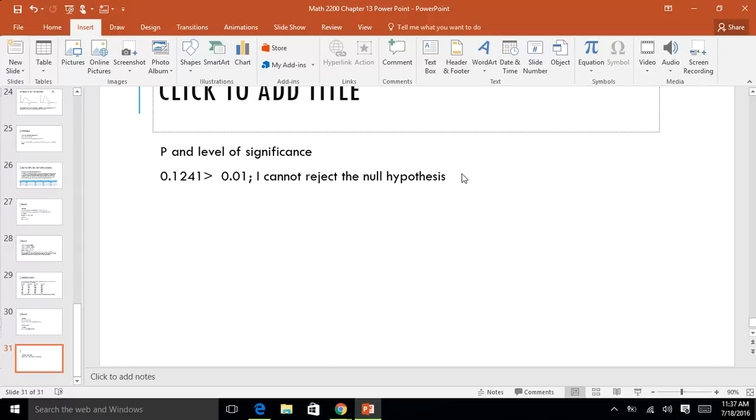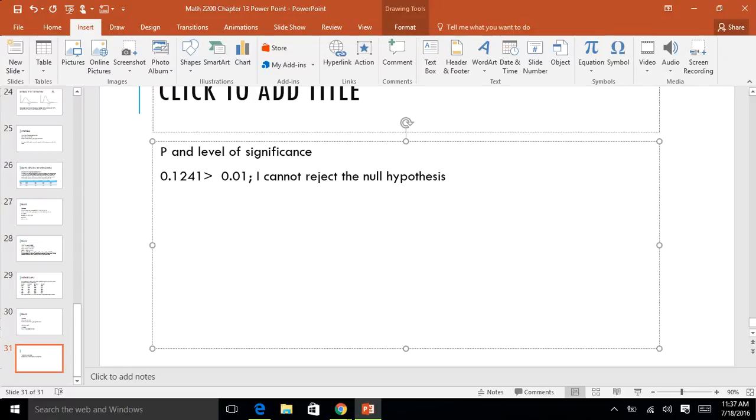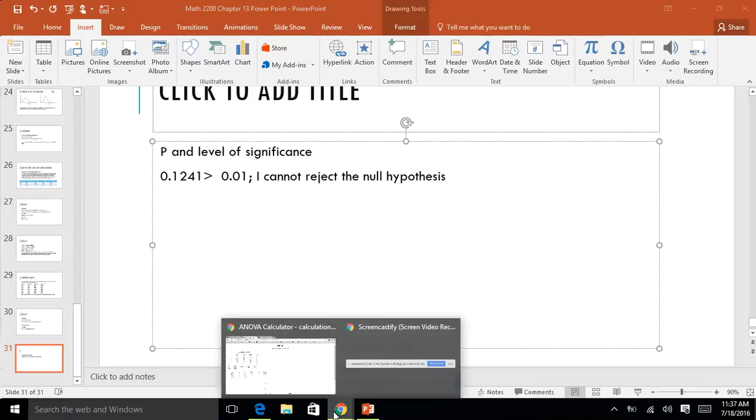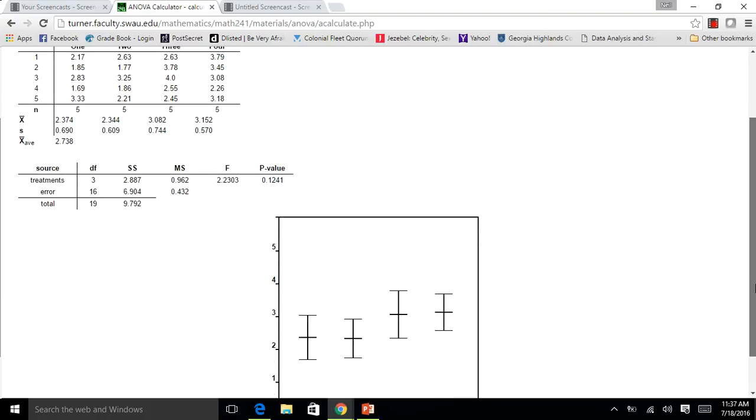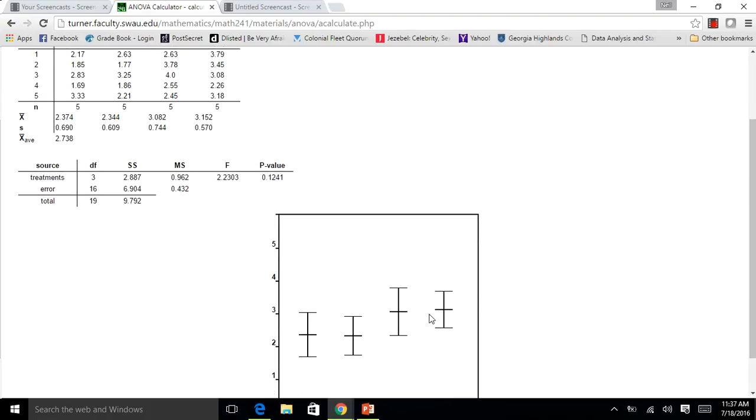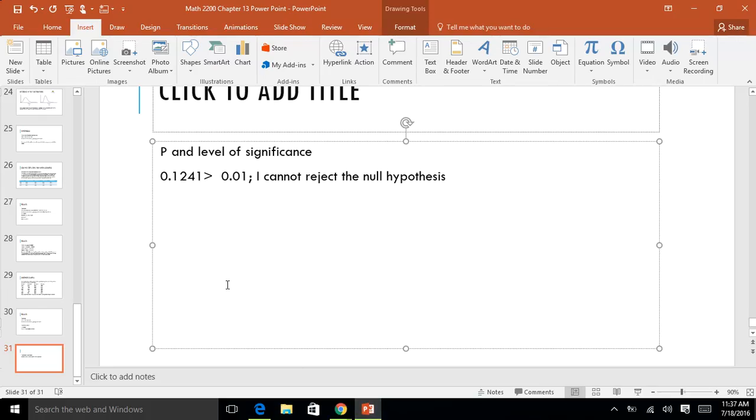So even though if we go back and look at this picture, they look slightly different, they're really basically the same. There's no huge difference in these. Okay, so then I need to conclude.